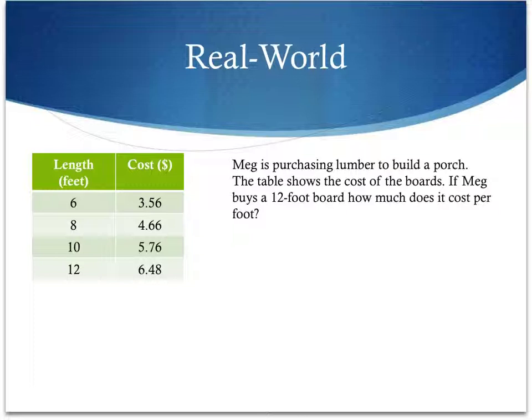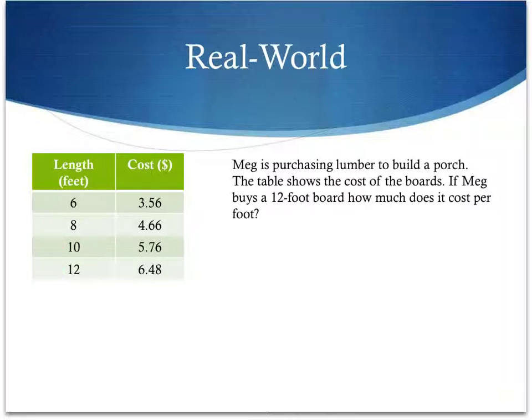Our last problem is a real-world problem that I can use division to apply to a situation. So I have a table, and I also have the word problem. That reads, Meg is purchasing lumber to build a porch. The table shows the cost of the boards. So looking at the table, we have the length in feet, and here are the numbers.